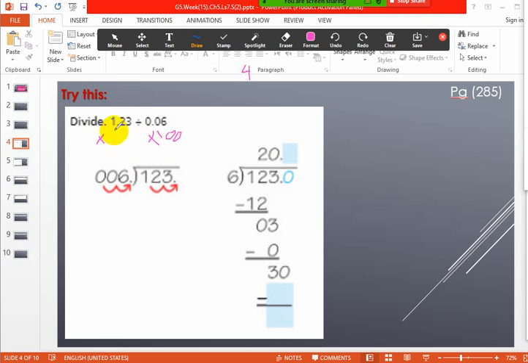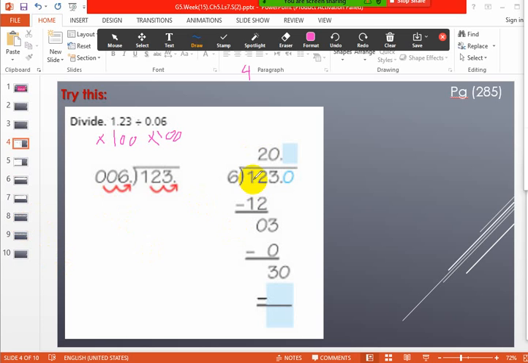So the number will be what? The number will be 6. This divisor will be 6 and the dividend will be 123. Now I will divide, as written here in your book.